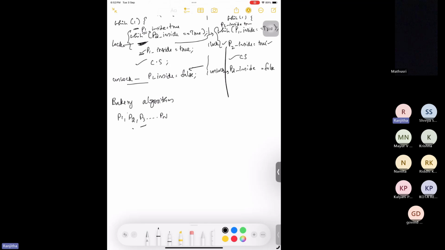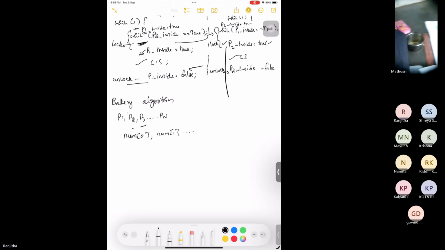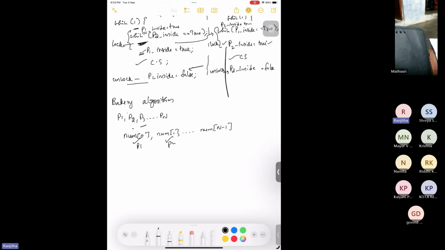So the algorithm logic works like this: there is an array of n processes, which we can call num of 0, num of 1, up to num of n minus 1. This corresponds to P1, this corresponds to P2, and so on up to Pn.